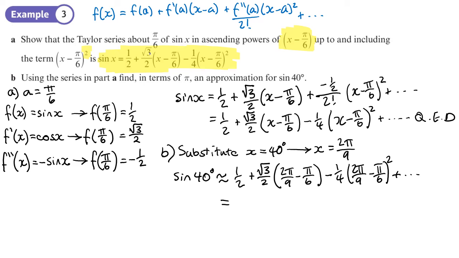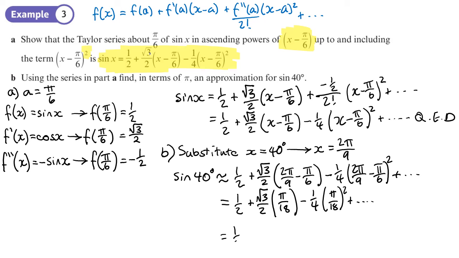Let's see what we get. Now I said use my calculator, but I didn't read the question. In terms of pi, so I shouldn't really use my calculator. So I've got a half plus root 3 over 2 times, now 2 pi over 9 minus pi over 6 is pi over 18, and then minus a quarter times pi over 18 all squared. Right, so let's see what we get.